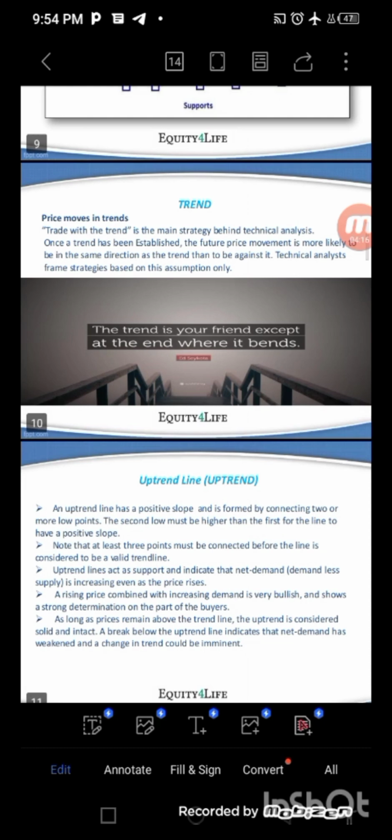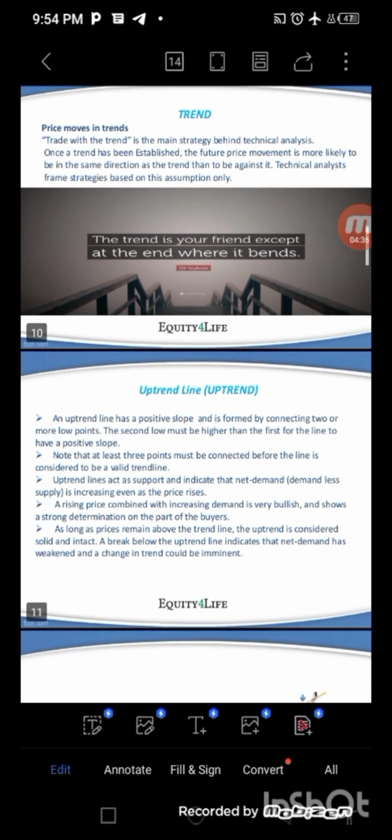Okay. An uptrend has a positive slope and is formed by connecting two or more points. The second low must be higher than the first for the line to have a positive slope. Note that at least 3 points must be connected before the line is considered to be a valid trend line.